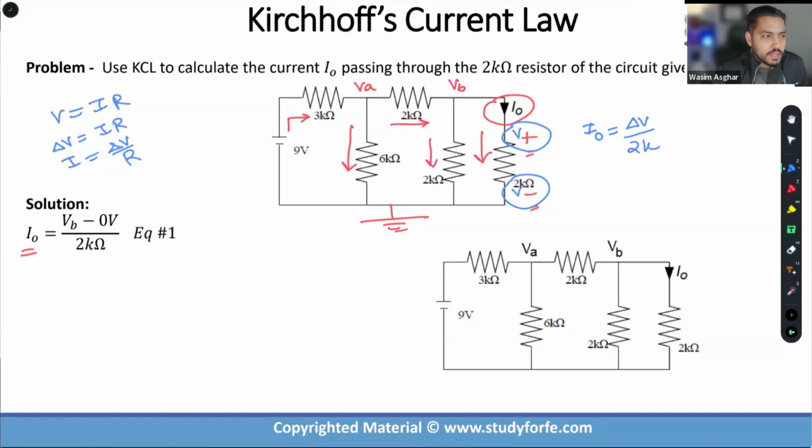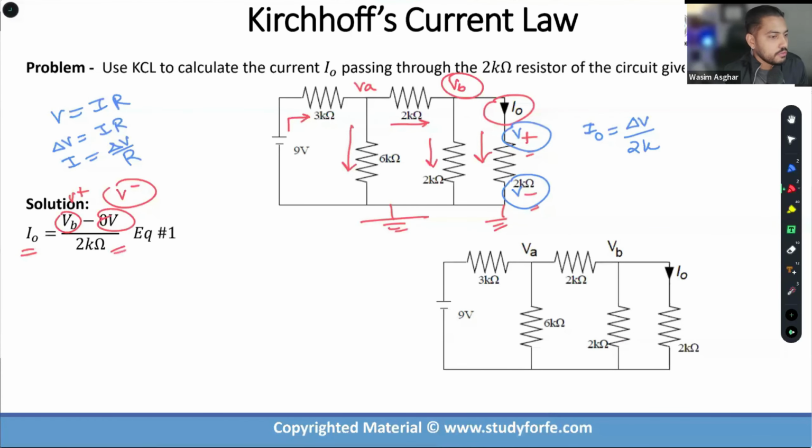Then in terms of the change in the voltage, which voltage is the higher voltage, right? Which voltage is the V positive and which voltage is the V negative? Okay. So the V positive is VB because the current always flows from the higher voltage to the lower voltage. What about V negative? 0 volt because this terminal is grounded.